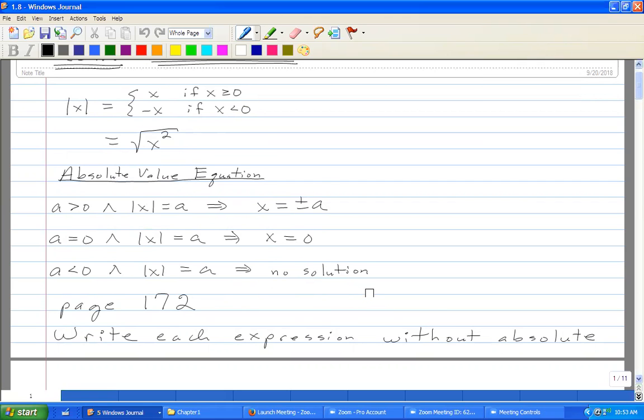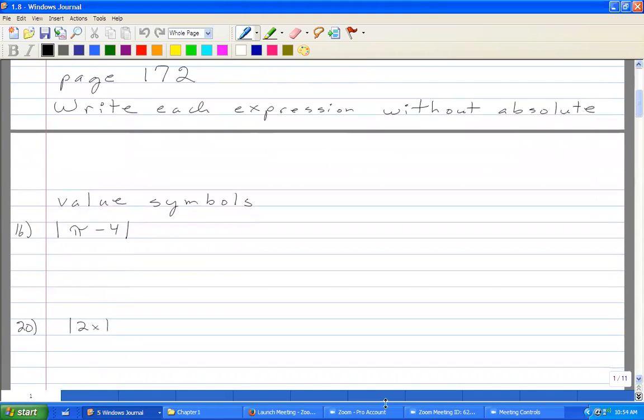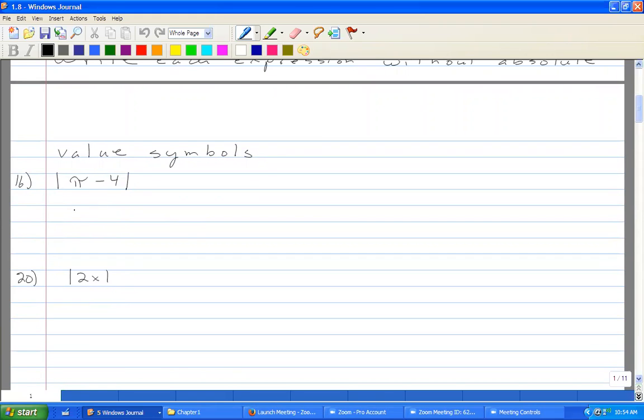Let's do some examples. On page 170, write each expression without absolute value symbols. This is the absolute value of pi minus 4. Pi is like 3.14, and so pi is less than 4, so pi minus 4 is negative.